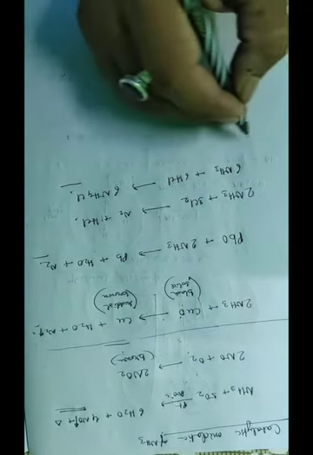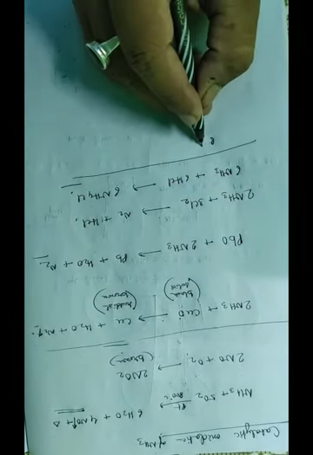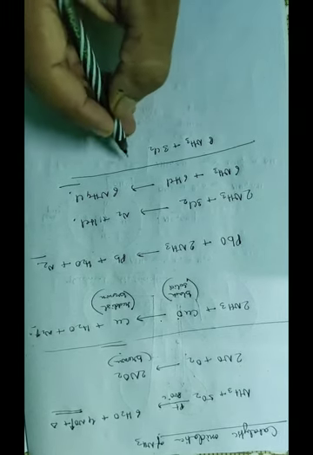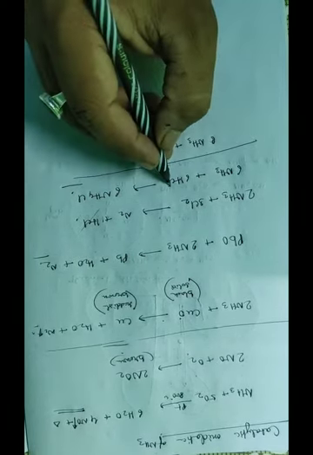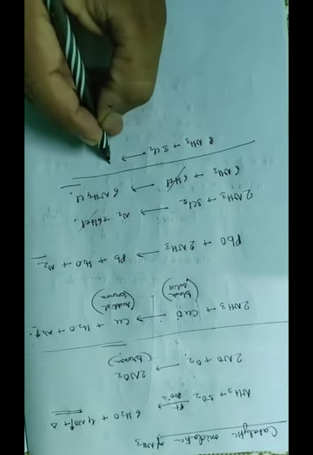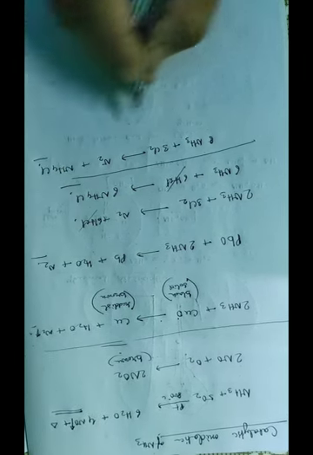Ready? Now on adding this one, 8 NH3 plus 3 Cl2, this HCl will get cancelled. Okay, this will get cancelled, then it will be N2 plus NH4Cl.